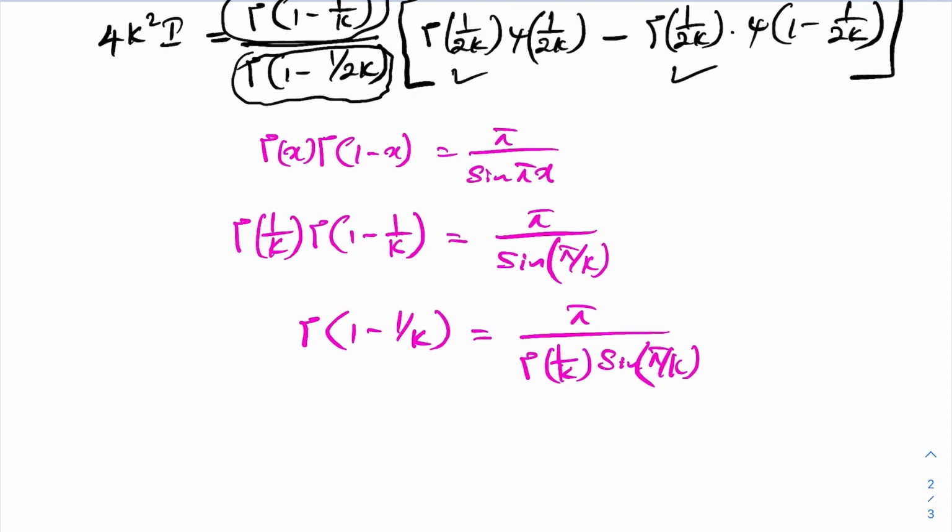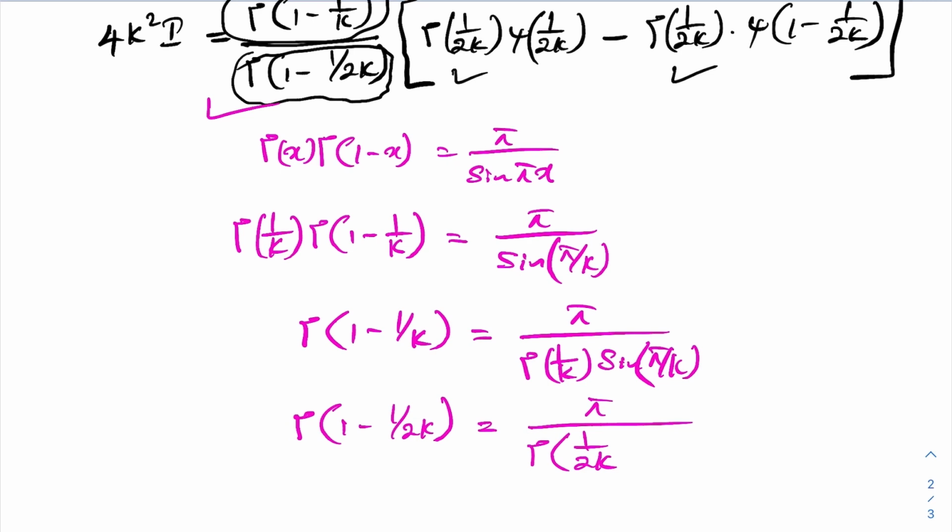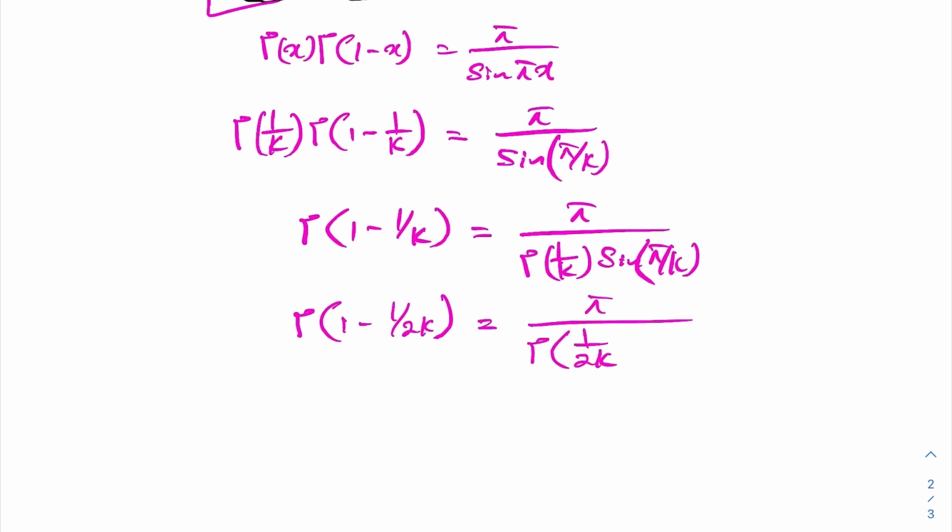Well, then here we have gamma of 1 minus 1 over 2 times k. So similarly we can write gamma of 1 minus 1 over 2 times k is equal to pi over gamma of 1 over 2 times k times sine of pi over 2 times k.